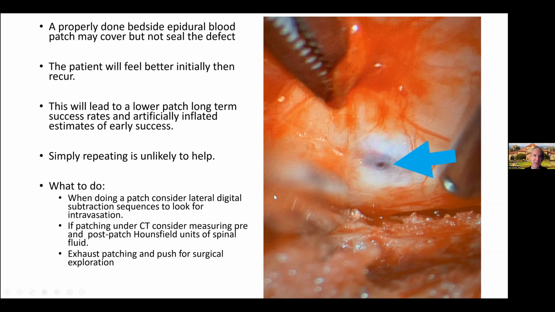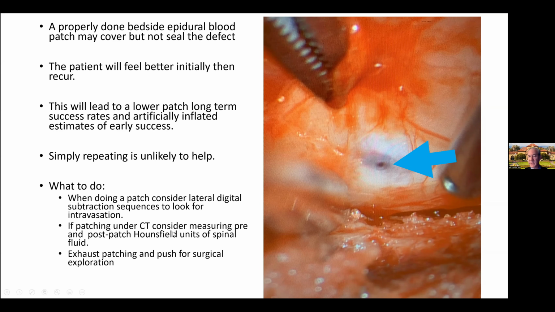Again, a properly done epidural blood patch is not going to seal that defect. The patient would feel better temporarily from just pressurizing the bag. Again, repeating the patch isn't going to fix this, and you have to consider doing what I did, which is digital subtraction images in the lateral projection to look for intravasation of contrast.